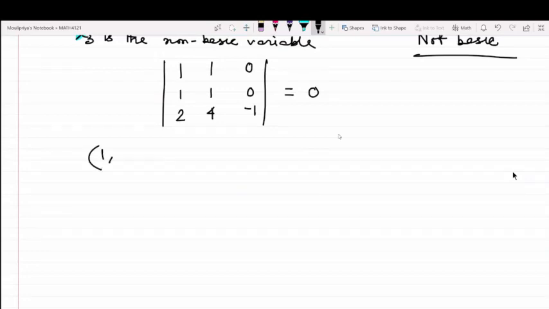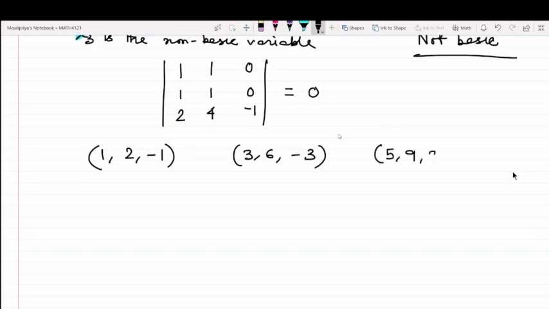Although this is not explicitly in our syllabus, just to let you know, suppose I have vectors in the form 1, 2, minus 1. I have another vector 3, 6, minus 3. And I have another vector 5, 9, 8. This is our alpha 1, this is our alpha 2, and this is our alpha 3.